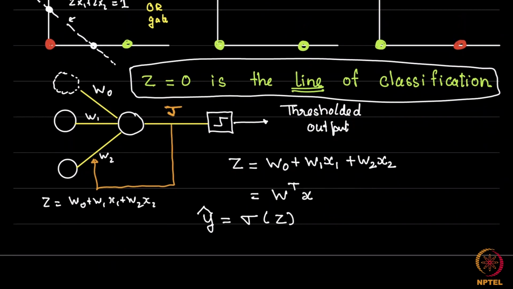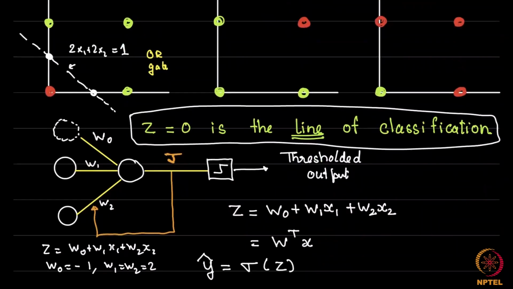So by our interpretation, w0 is minus 1, and w1 and w2 are equal to 2. That is because the coefficient of x1 is 2, the coefficient of x2 is 2, and the constant term when it comes on the left-hand side is minus 1.